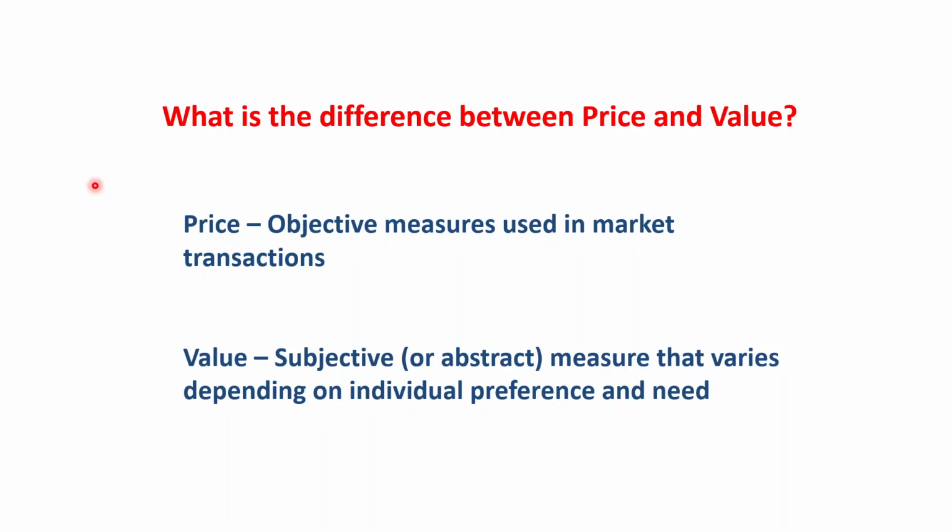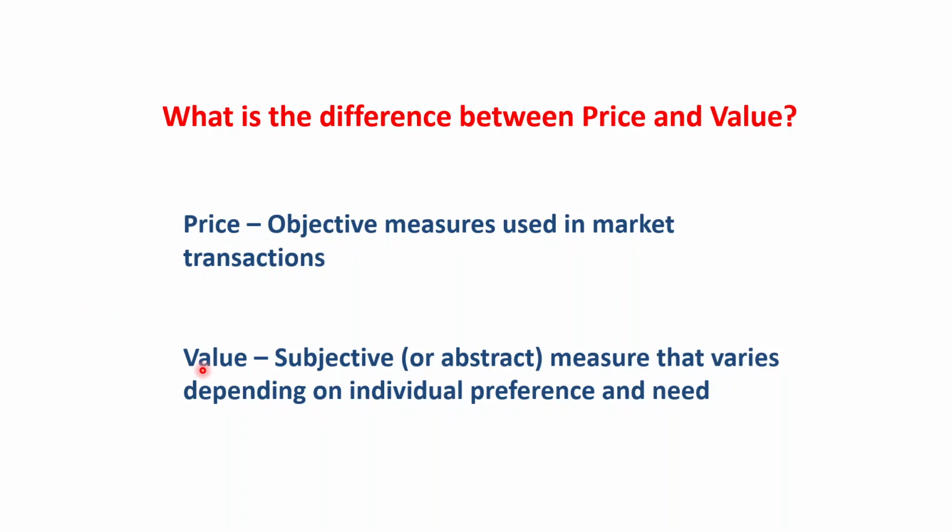So value then is a subjective or even abstract measure that varies depending on individual preference and need. If you live in an urban city, then you probably don't value water all that much. But until a hurricane comes along, or you find yourself in the middle of a desert, then all of a sudden you value water much more.